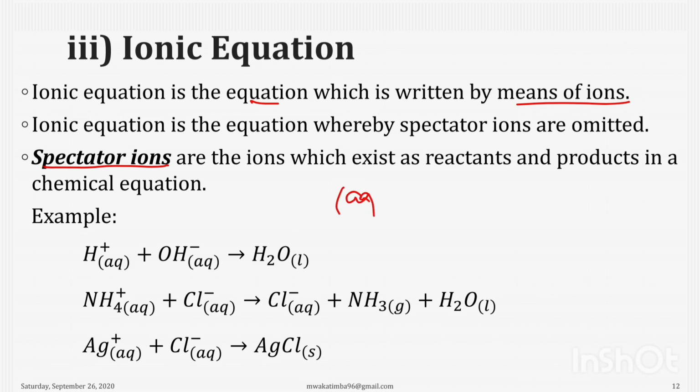The aqueous compounds are the ones that are split, but solids, liquids and gases we leave as they are without splitting. Are we together? Let's look at how the ionic equation looks.